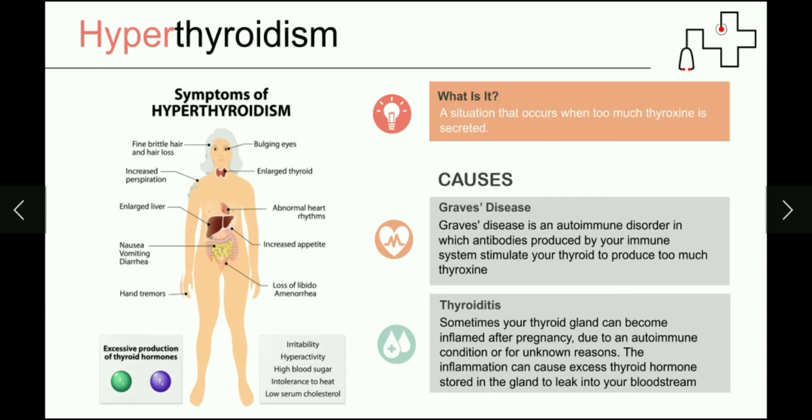And then we also have fine brittle hair and hair loss, bulging eyes, increased perspiration, enlarged thyroid, enlarged liver, abnormal heart rhythms, hand tremors, loss of libido, amenorrhea, irritability, hyperactivity, high blood sugar, intolerance to heat, and also low serum cholesterol.